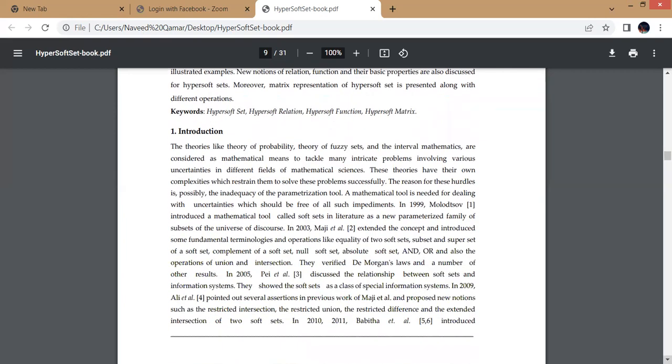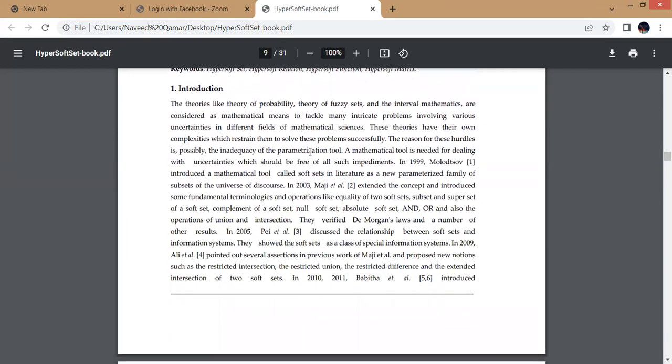There is an introduction. In the introduction, he says that first of all, soft set theory was developed with properties like union and intersection operations. After that, restricted union and restricted intersection were developed. After that, not set, then soft matrices were developed and De Morgan laws were verified.